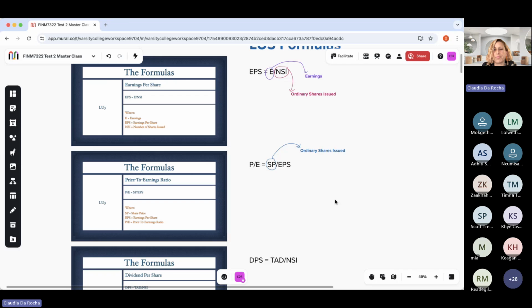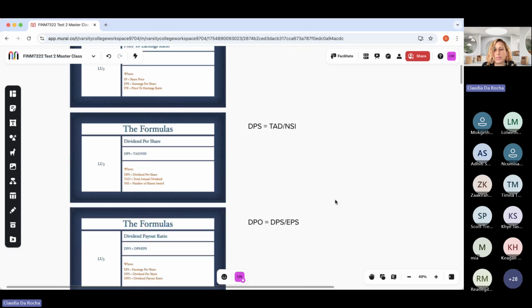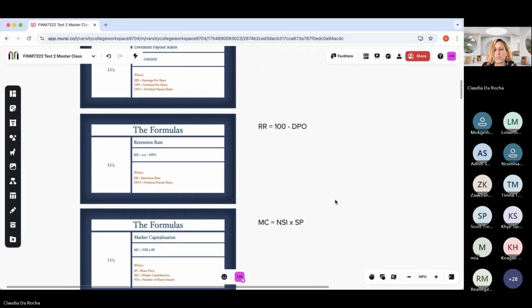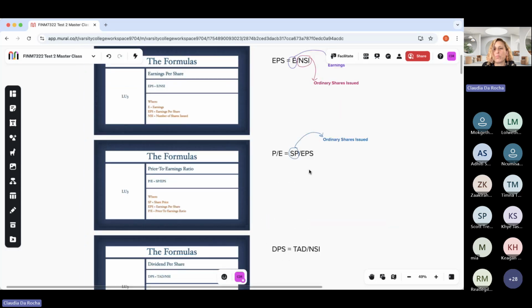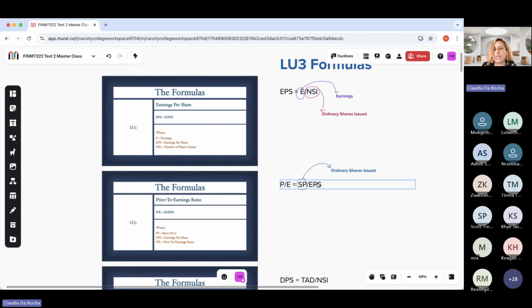So, let me see what formula we have here. Yeah, so like here, market capitalization, which we'll go through just now, this one here has share price in it. So they could ask you to calculate share price by using this formula. So you need to be wary of where there are similar elements.